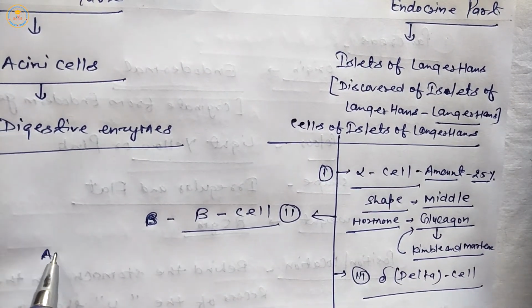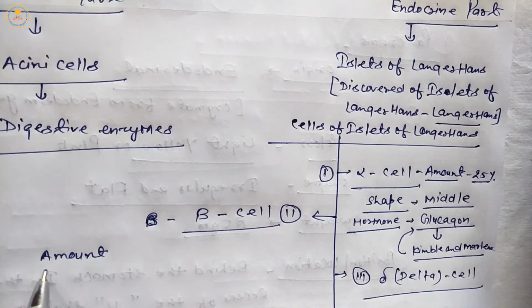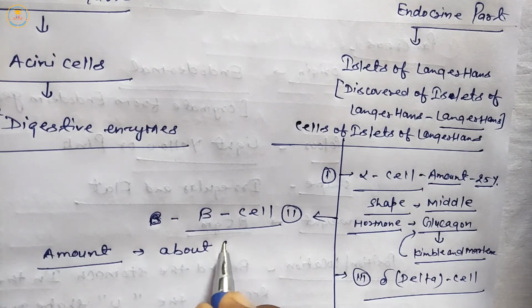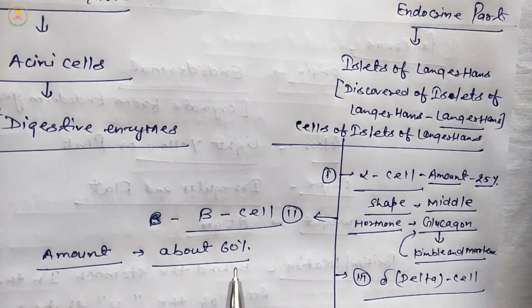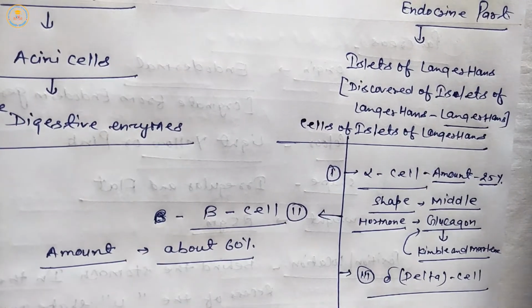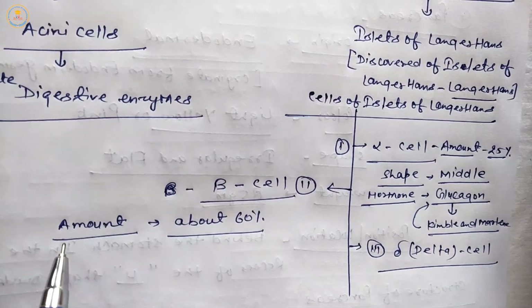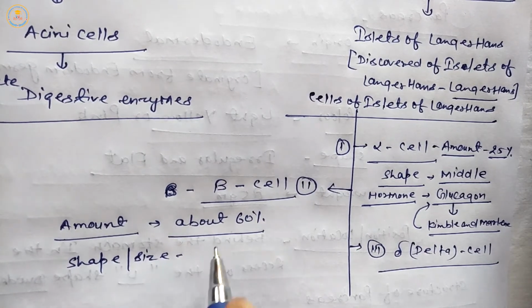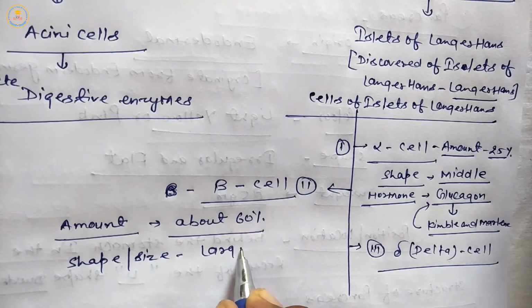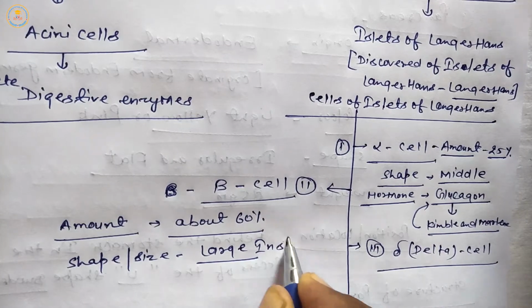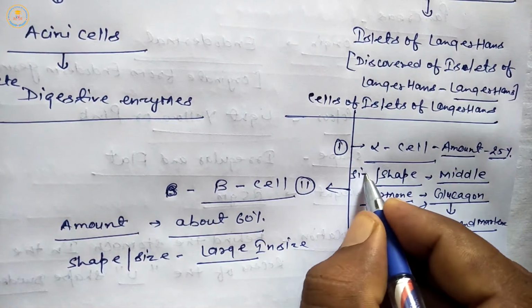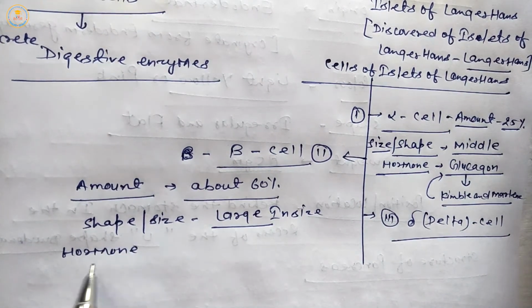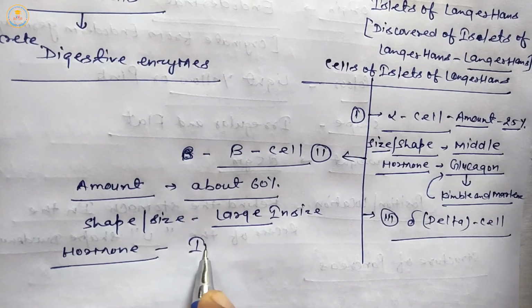Next is beta cell. First, the amount of beta cell in islet of Langerhans is about 60%. It means the maximum amount of cell in islet of Langerhans is beta cell. Next, it is large in size. Next, the hormone of beta cell is insulin.